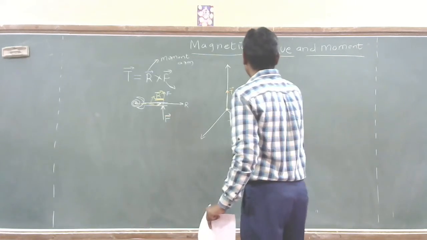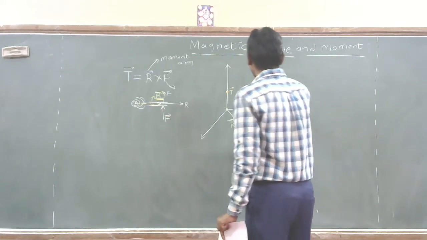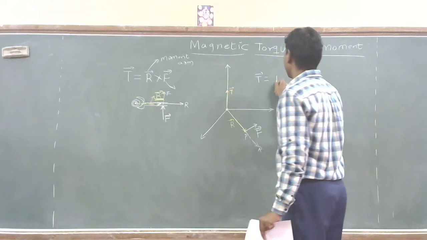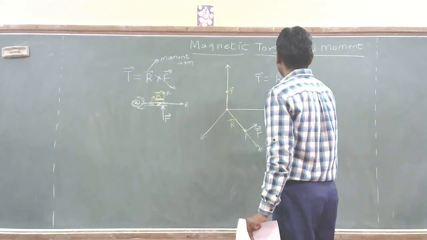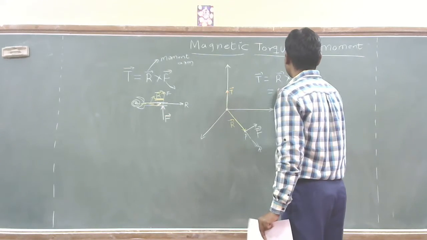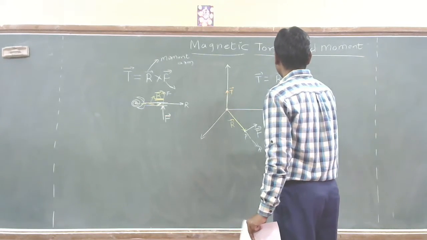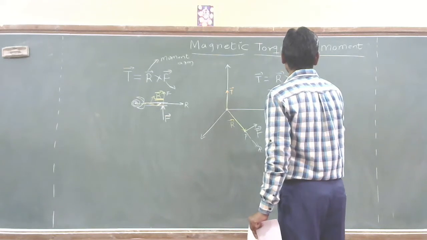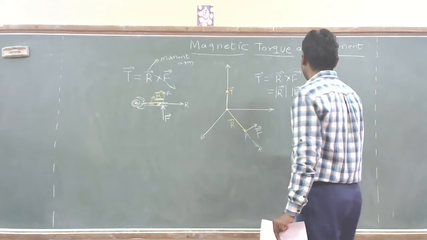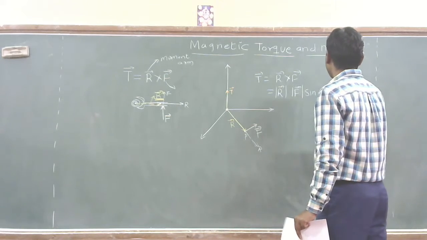And as I said, torque can be defined in terms of the cross product r cross F, and we know that we can write this as the magnitude of r times the magnitude of F, times the sine of the angle between r and F, times a hat.